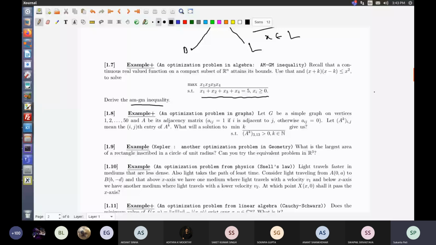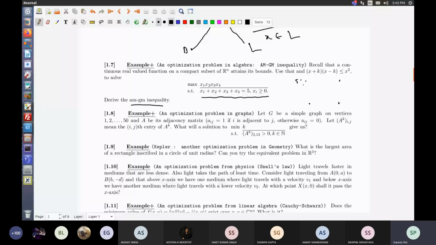Understand that this particular set is going to look like a quadrilateral with 4 points: 5, 0, 0, 0; 0, 5, 0, 0; 0, 0, 5, 0; and 0, 0, 0, 5. It is in R4 though. Fine, no problem.